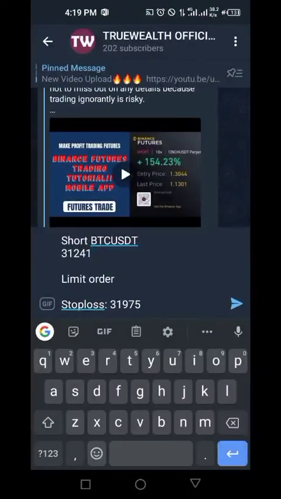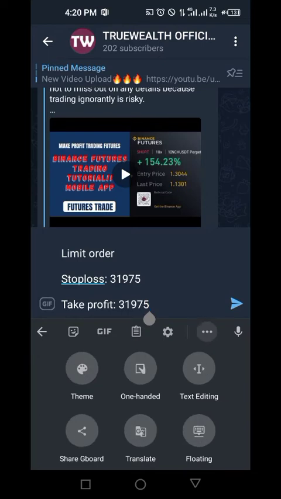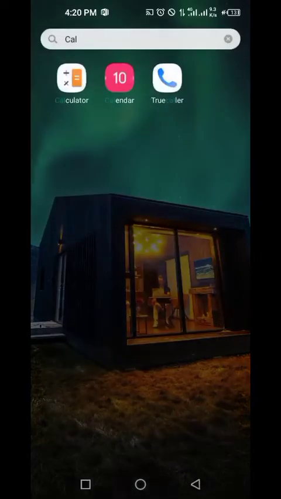Now let's check the take profit. I think the take profit there, I mistakenly pasted this and it can't go back. Okay, let me do this.